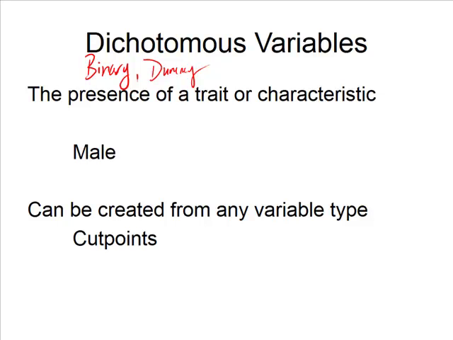Binary does mean two. Either you are or you aren't. But the measurement is of what? The presence of the characteristic. Okay? So gender is not a good dummy variable. Because whether or not you have a gender, kind of everybody's gender should equal 1. Everybody should have a gender, right?